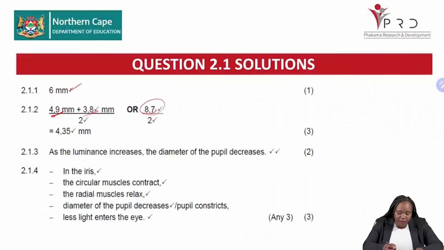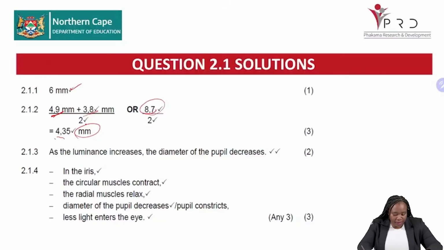Then the 8.7 divided by 2, like I said, dividing by 2 is a mark, and then finally your 4.35 millimeters, which would be your final answer. Again, remember, every time you are doing calculations, if you've been provided with a unit, make sure that even in your answer you do indicate the unit that you were given. So here it will be 4.35 millimeters. That is how you would score your 3 marks.